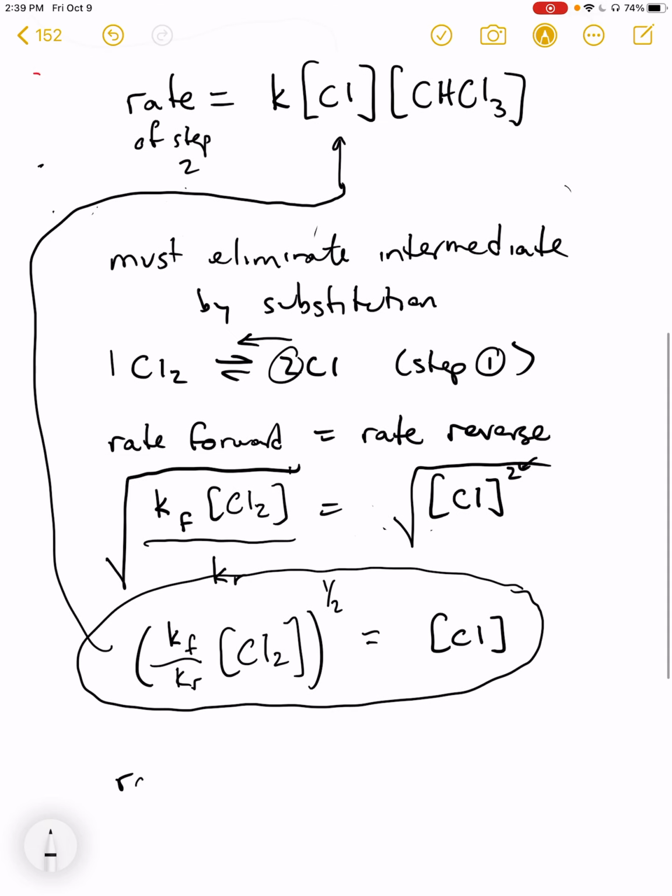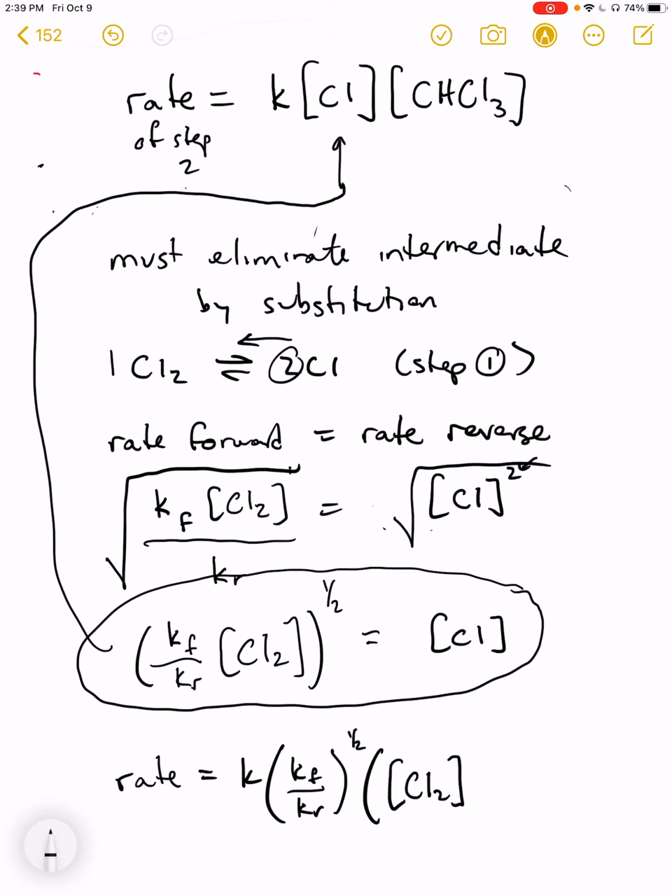So my new rate law is going to be Kf over Kr, and that is to the 1/2 power, times my Cl2 to the 1/2 power, and that is going to equal, excuse me, that's it, not Cl.